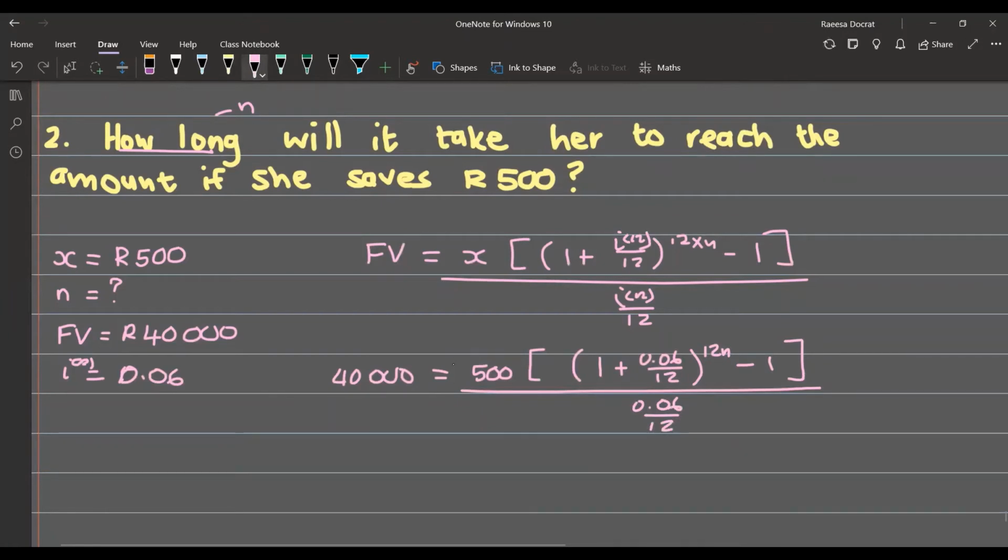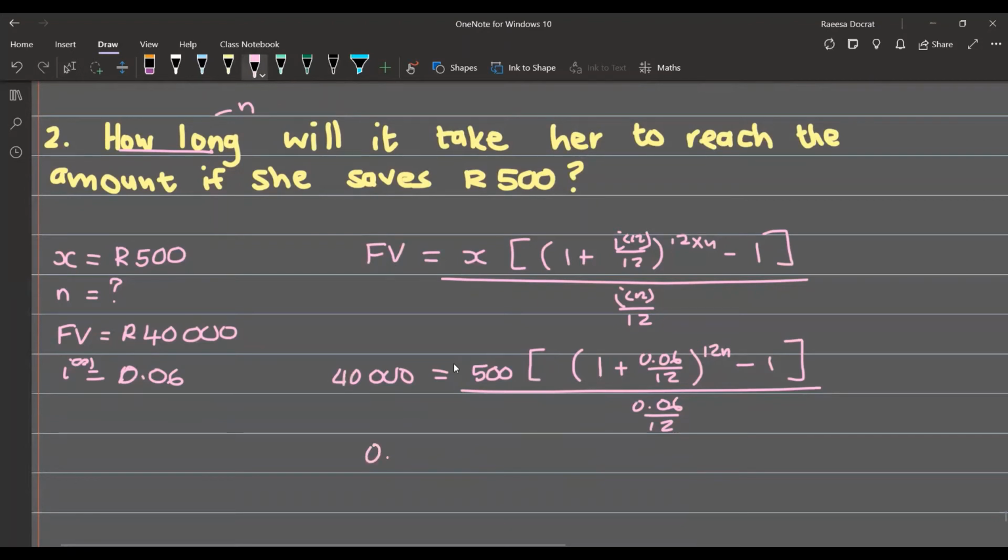So the first thing, this 40,000, I'm going to multiply by 0.06 over 12, which is the denominator, and divide by 500, which is the numerator. So we first get rid of this by dividing by 500 and multiplying by that.